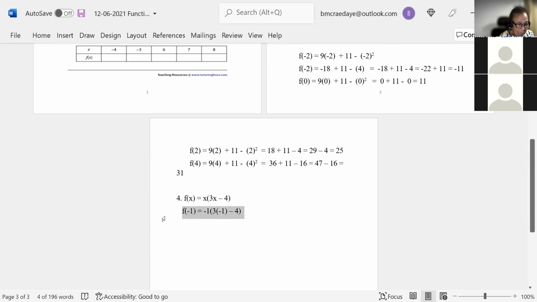The parentheses. So 3 times a -1 is what? -3 or +3? -3. So that's a -3. All right.